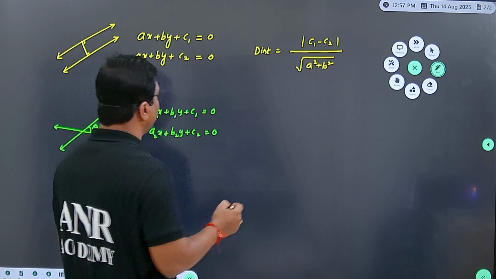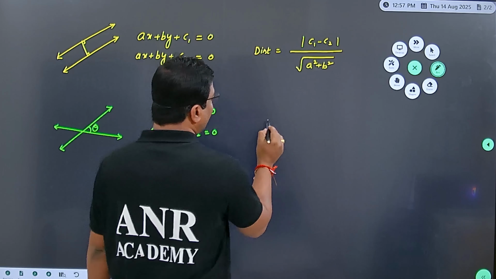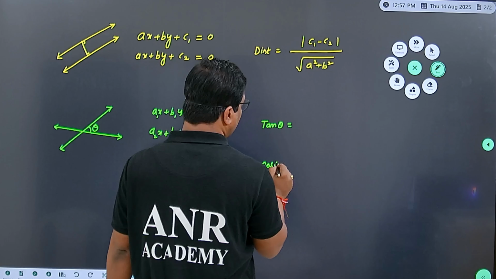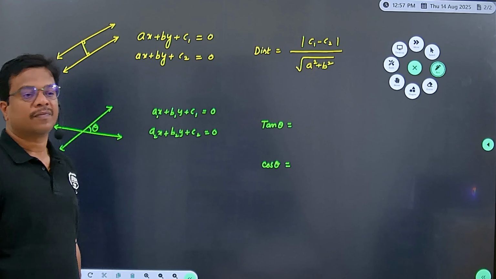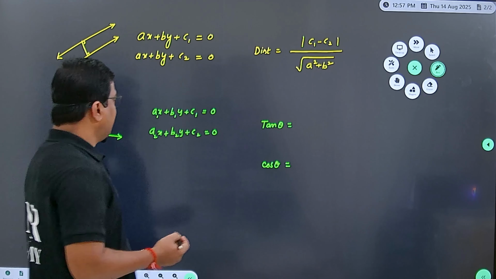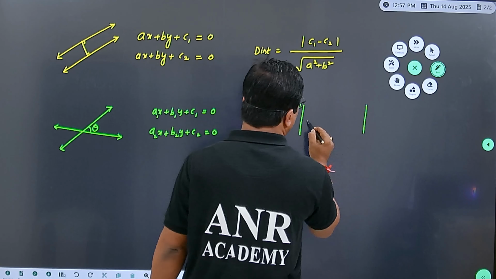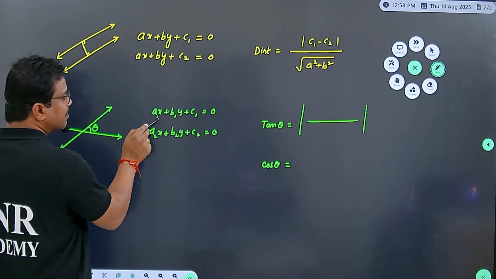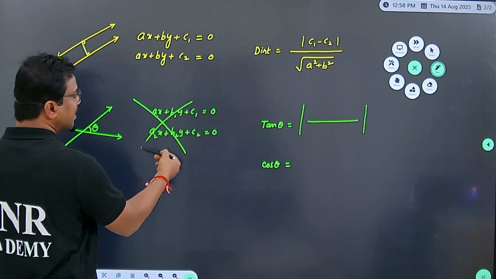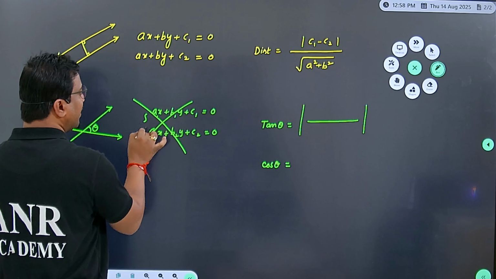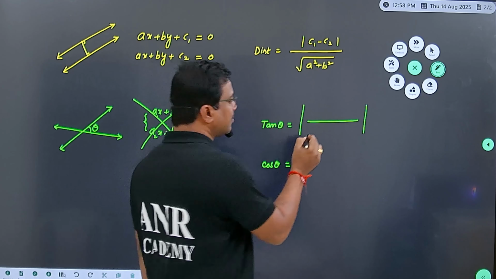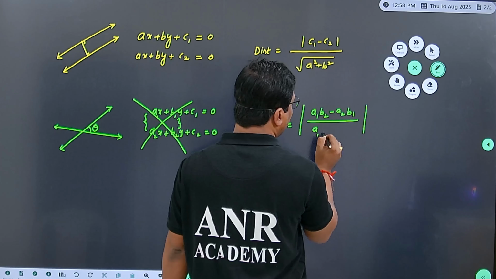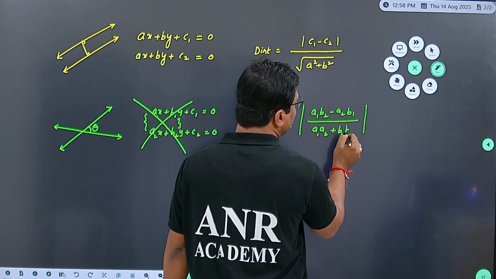Then you have to apply either tan theta or cos theta. Tan theta formula: modulus of a1 b2 minus a2 b1 divided by a1 a2 plus b1 b2.